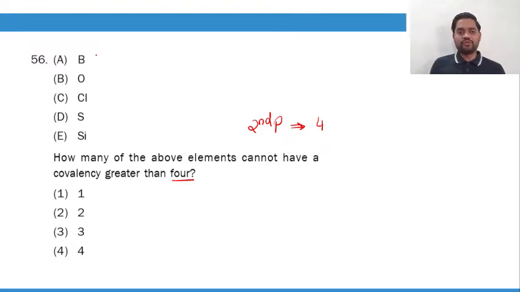So boron belongs to second period, oxygen belongs to second, whereas chlorine, sulfur, silicon belong to third period. That means they can have extended covalency that is more than 4, but boron and oxygen cannot show more than 4. And hence, how many above elements? There are only 2. So right answer will be option number 2. So question number 56, the right answer is option number 2.